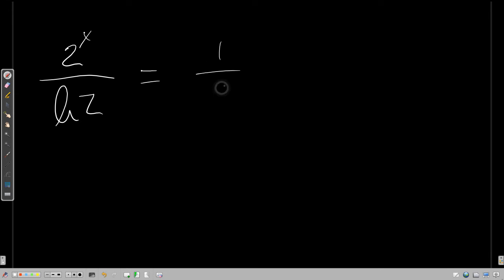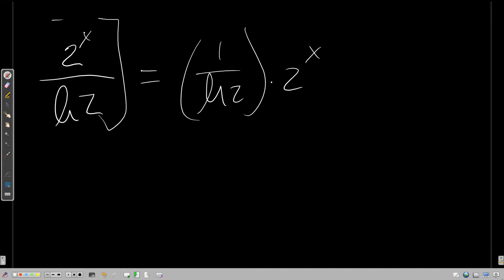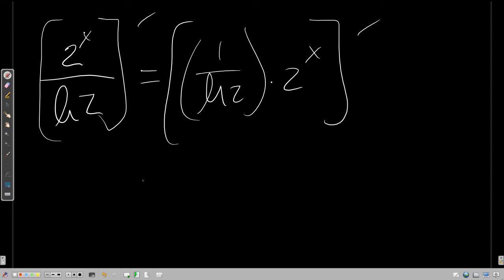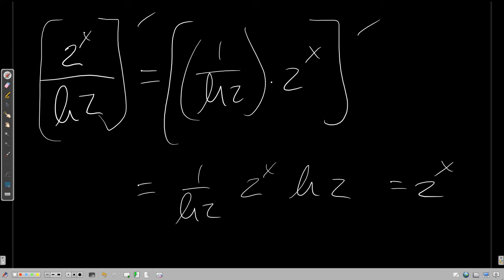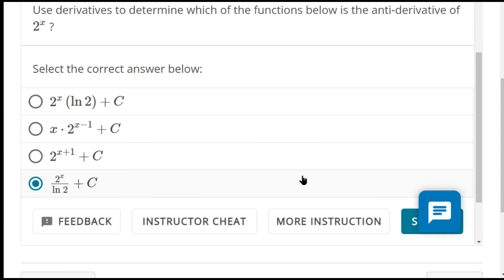Really, to me, it's saying that you have this constant times 2 to the x. And if I took the derivative of this, you have your constant, but then you have the derivative of 2 to the x, which is 2 to the x natural log of 2. You just get 2 to the x. So that one's not so bad.